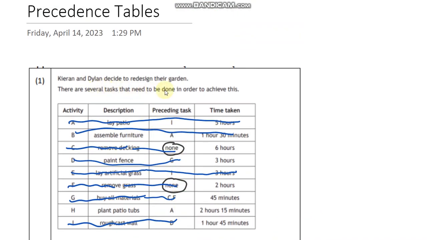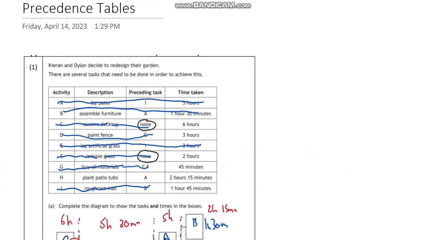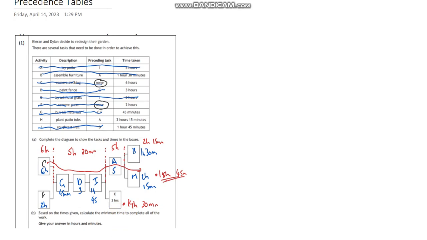So doing job E, laying the grass, that's 3 hours, and then that's done. So the whole job in total to do the garden, it looks as if H, paint the patio tubs, going that way is the longest bit. So 18:45. So they're really nice questions. They're not a huge amount in them, just a wee bit of taking your time. So let's try it on.